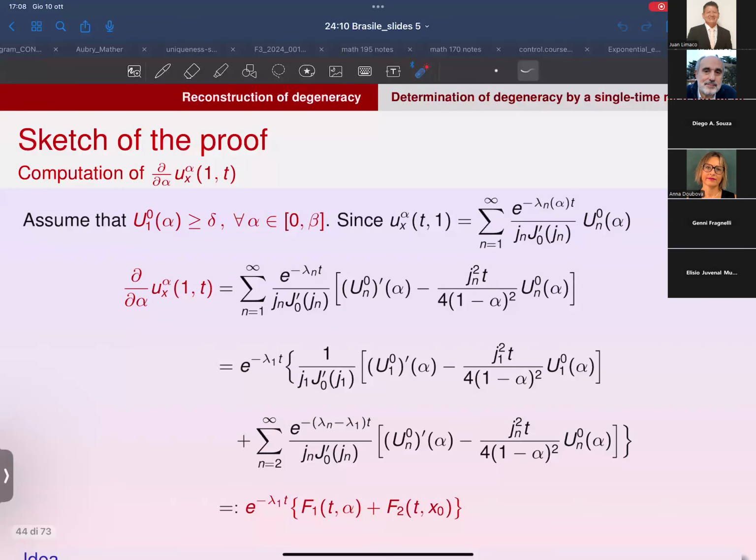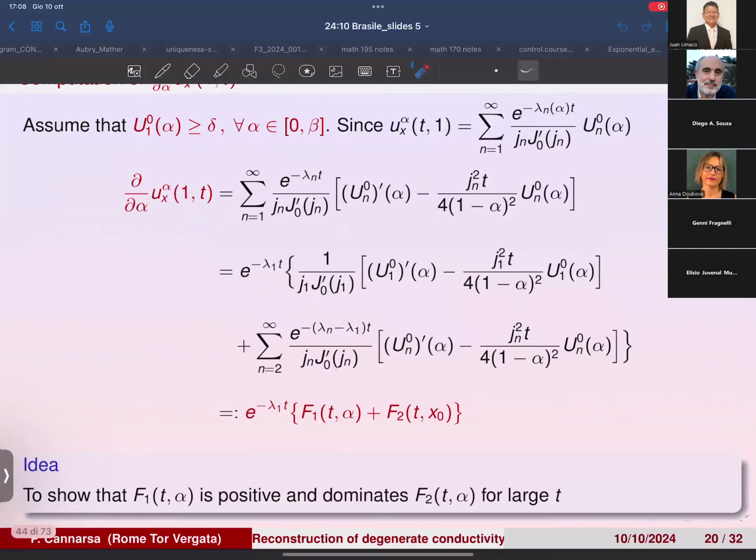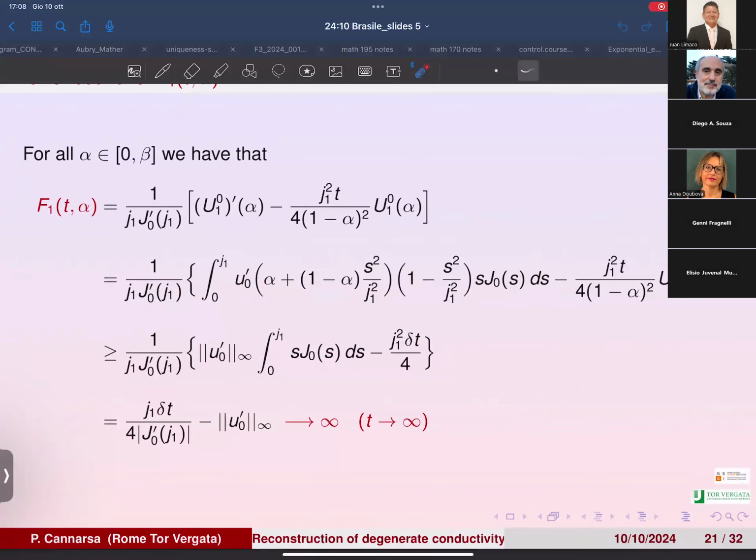And then, F1 dominates over F2. This is just a matter of estimates. F1 has a certain representation in terms of the first Fourier coefficient.